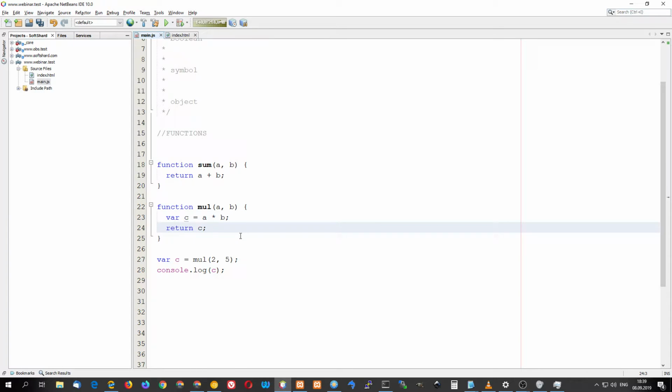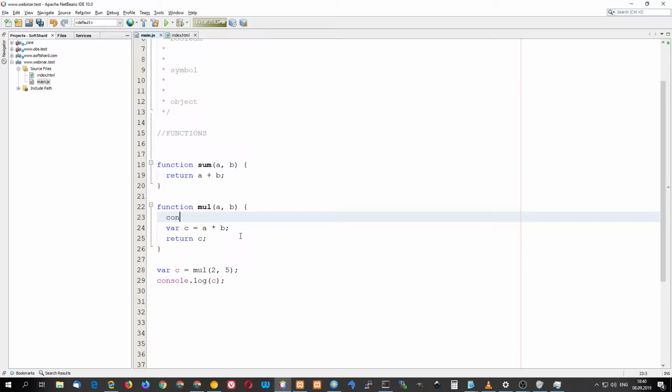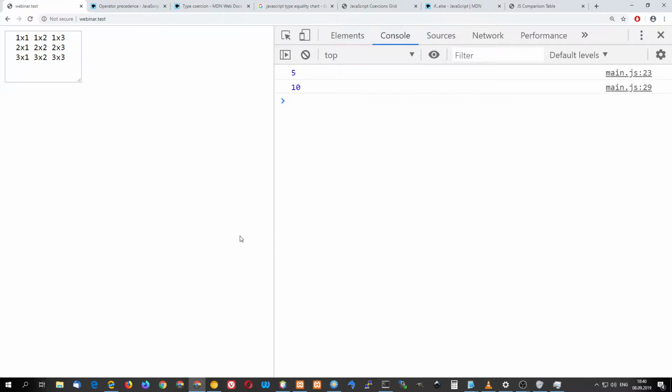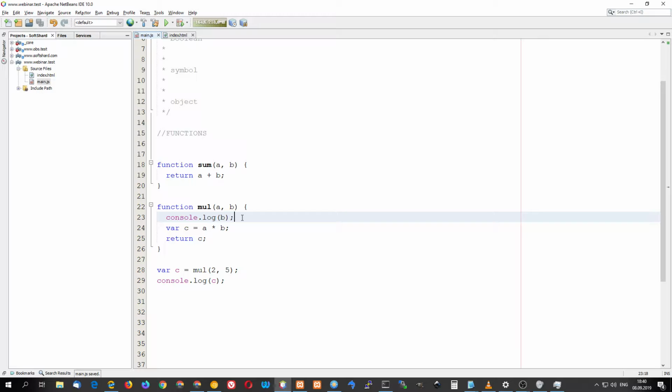What happens if I miss a parameter? So in this case, B is 5.